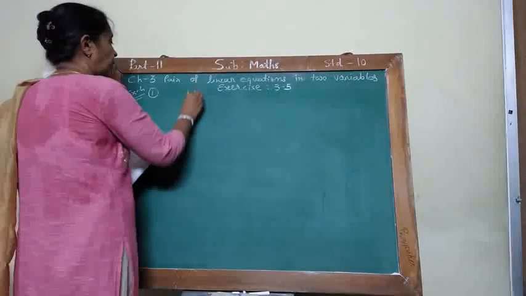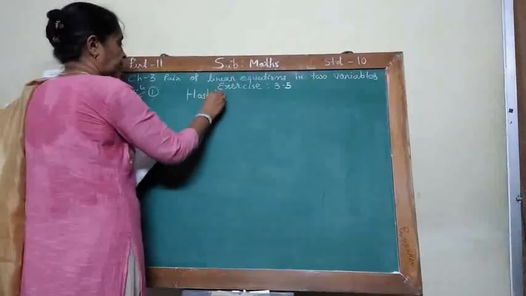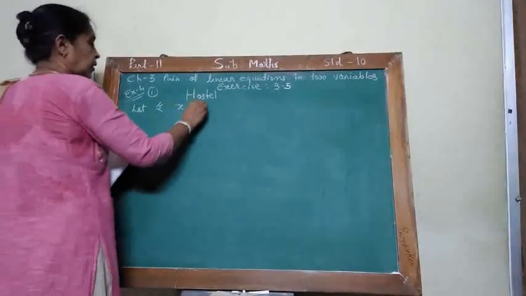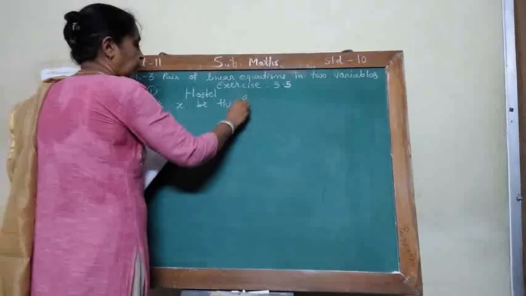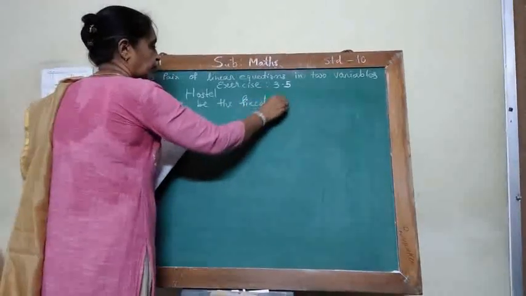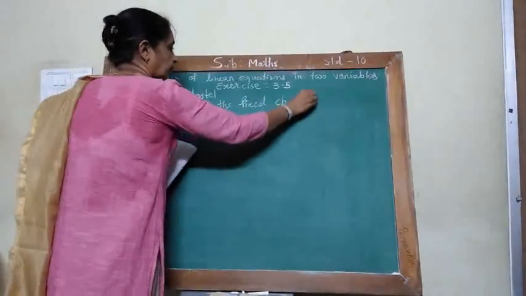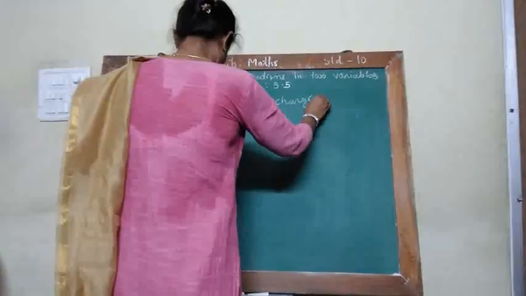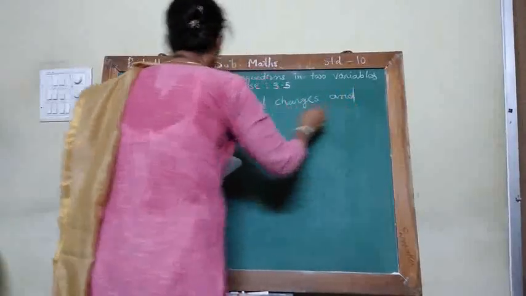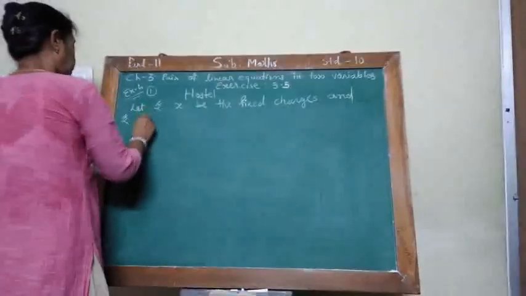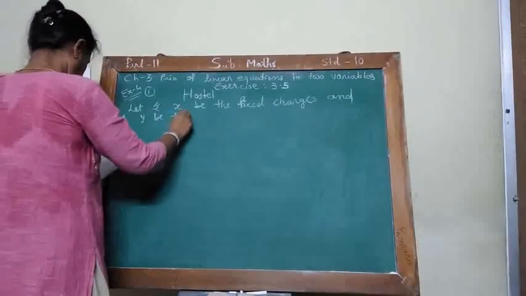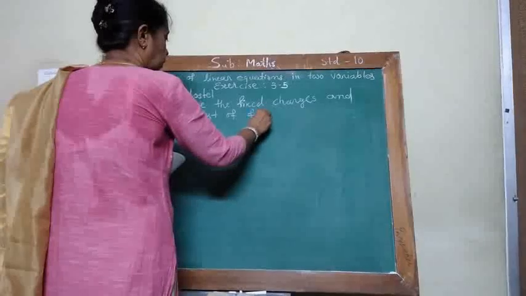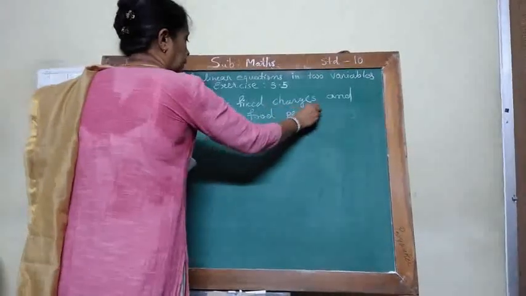So the last statement: find the fixed charges and the cost of food per day. You have to write the heading first, hostel. Let ₹X be the fixed charge, and let ₹Y be the cost of food per day.